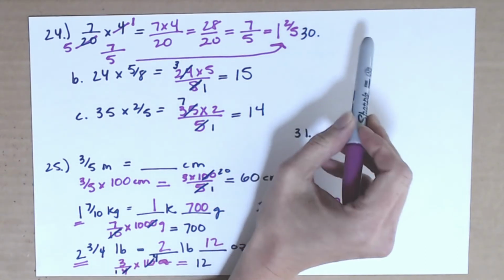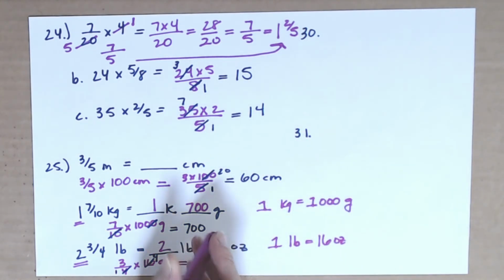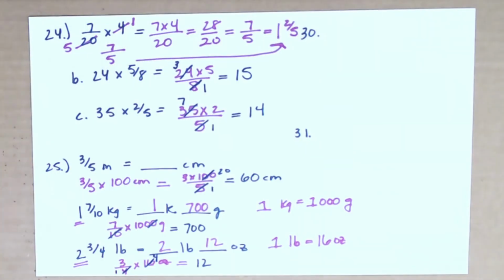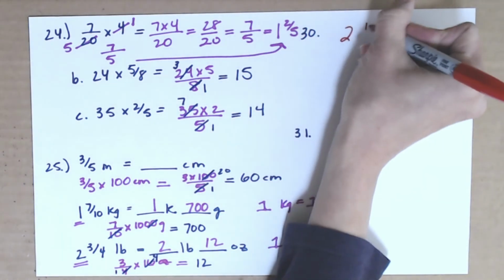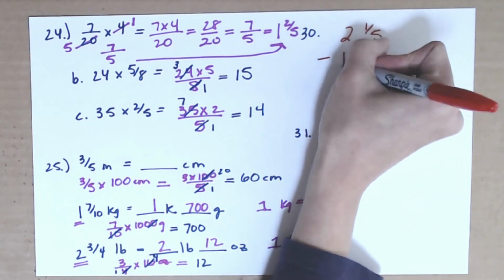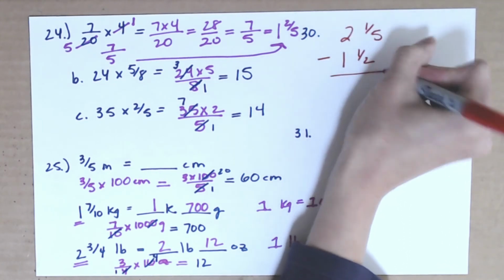2 more problems. We have some story problems. Number 30. It says, Bonita bought 2 1/5 kilograms of potatoes and 1 1/2 kilograms of carrots. How much more potatoes than carrots did she buy? So we want to know the difference. We're subtracting. So we're taking the 2 1/5 kilograms of potatoes, and we're subtracting the 1 1/2 kilograms of carrots.